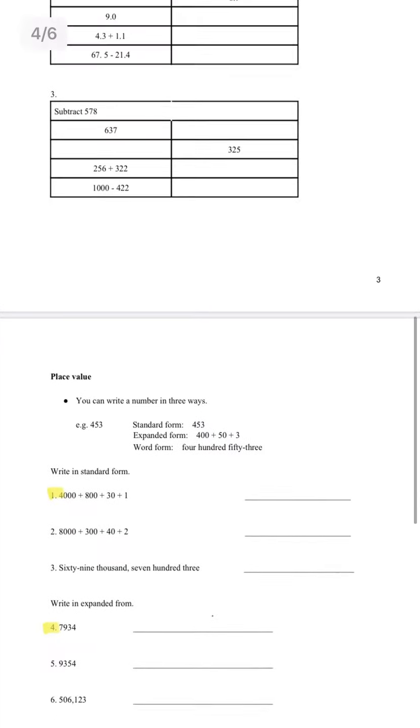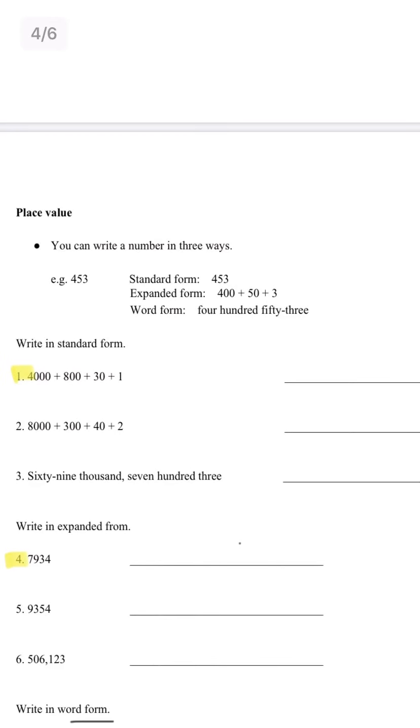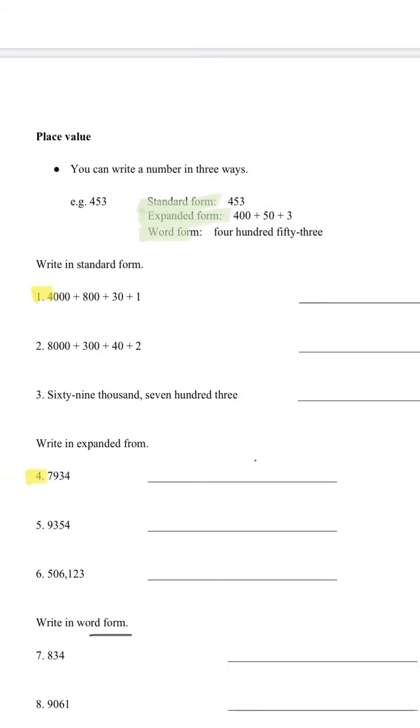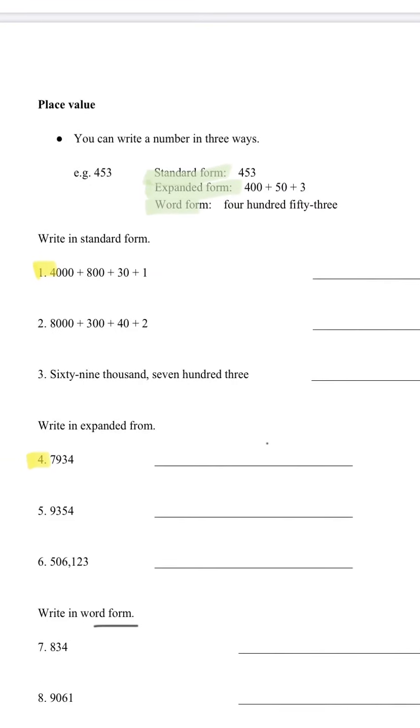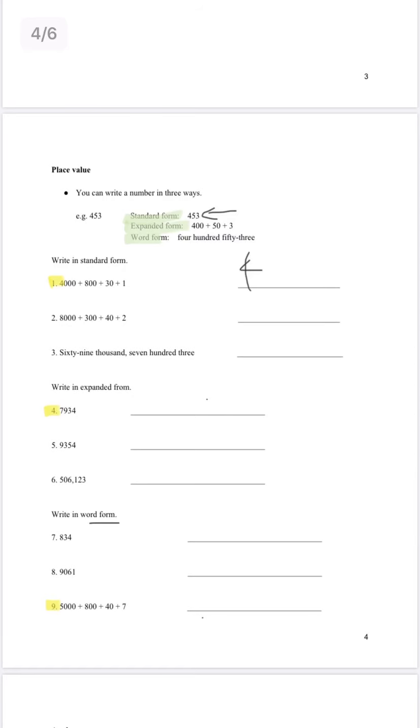Okay, so let's now move on to place values. It says you can write a number in 3 ways: standard form, expanded form, and word form. So number 1 says write in standard form. Okay, so to write in standard form, it's this.